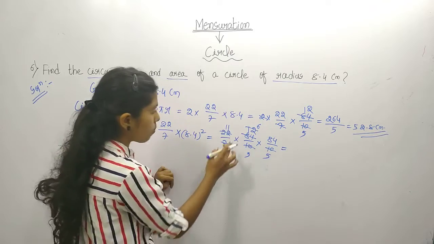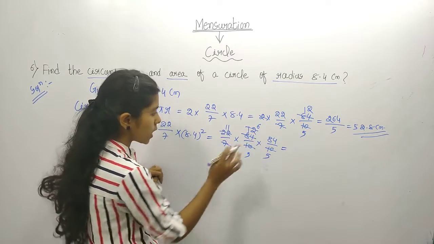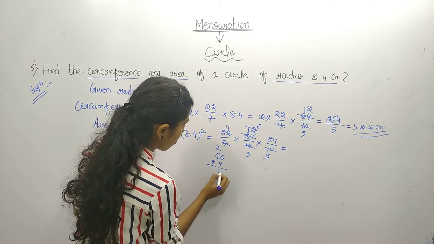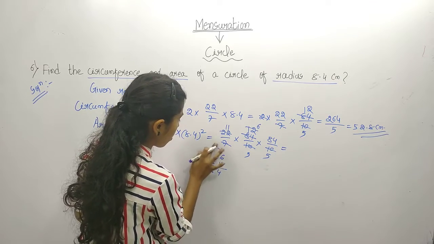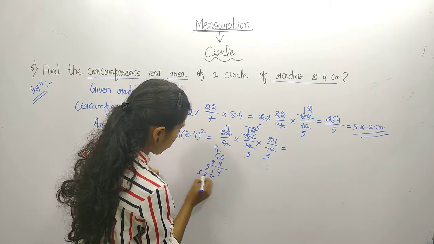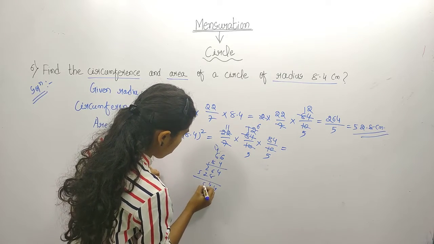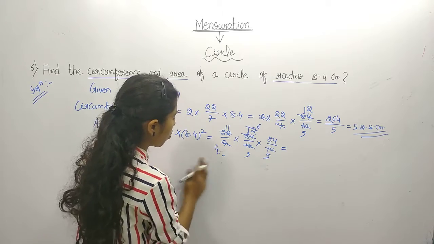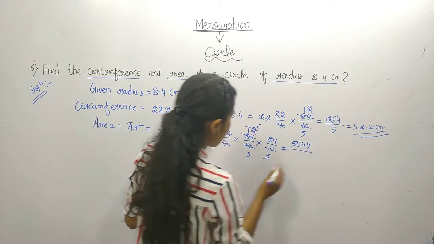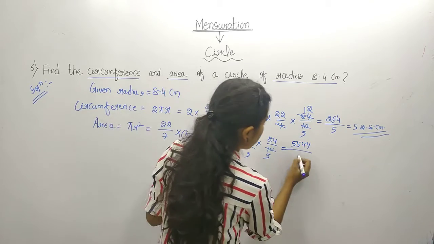Now you multiply. 11 into 6 is 66, 66 into 84 is 5544. Then 5544 divided by 5 into 5 is 25.